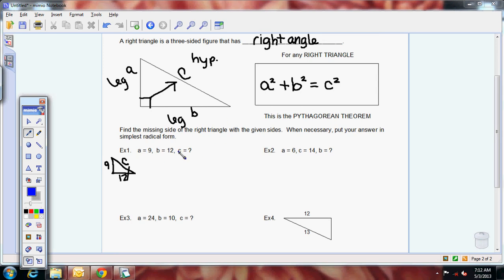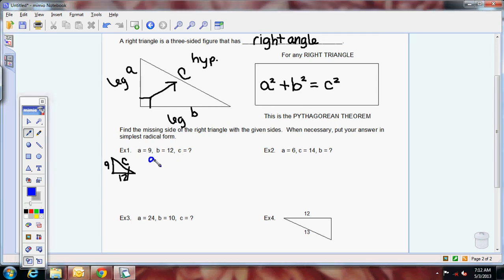So A squared, so I'm going to do 9 squared plus B squared, and that's going to equal C squared. So we're going to figure out what these are.